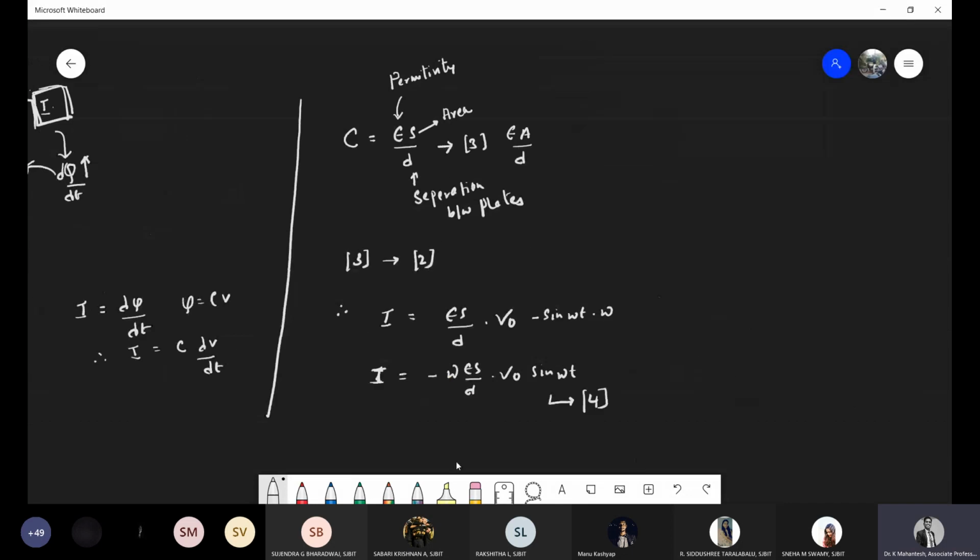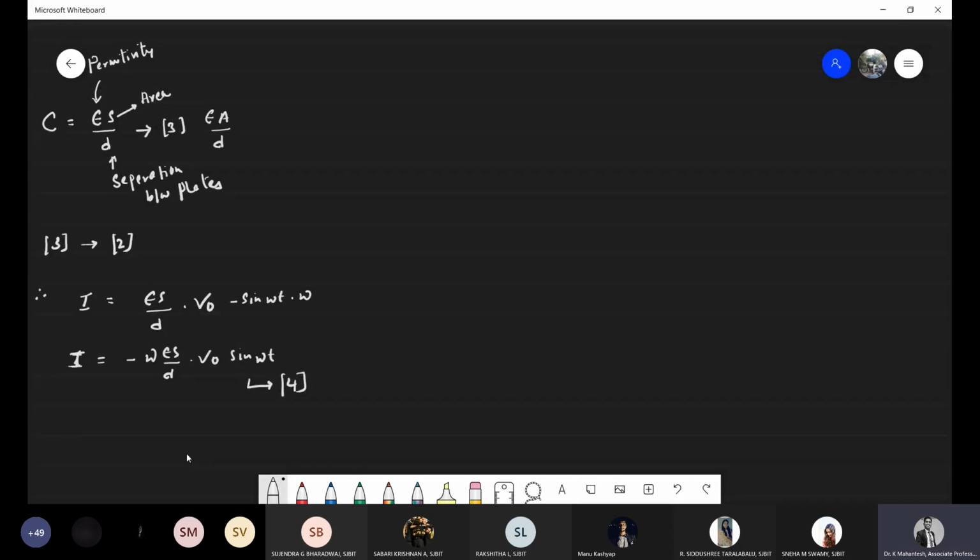Then let us go to the second half of your derivation or proof. As the capacitor charges and discharges continuously, charge transfer takes place from one plate to another plate.